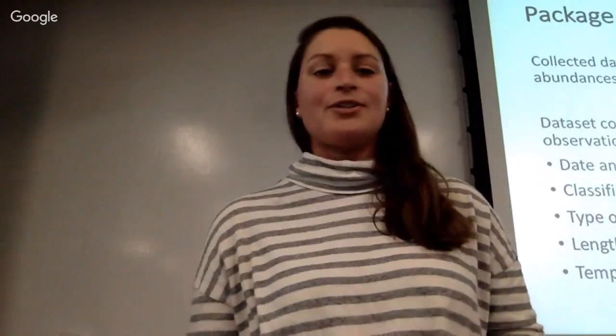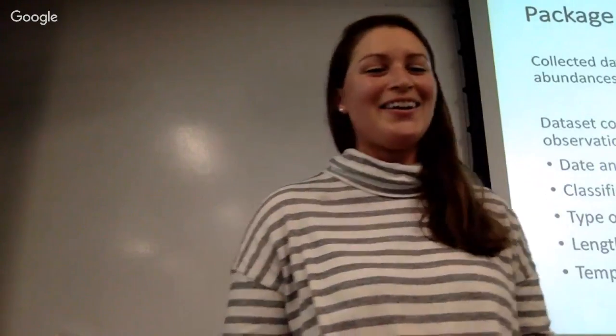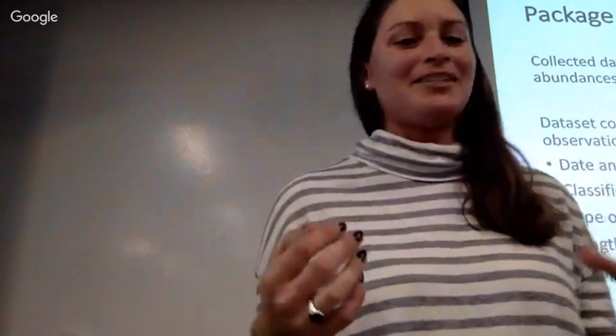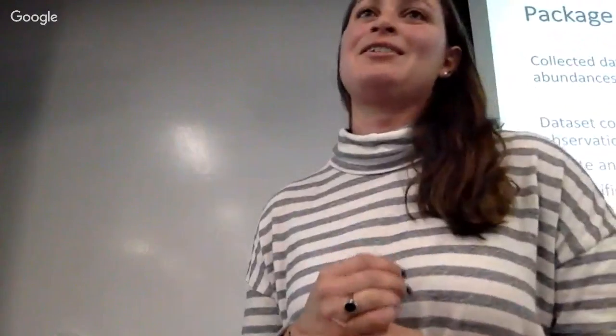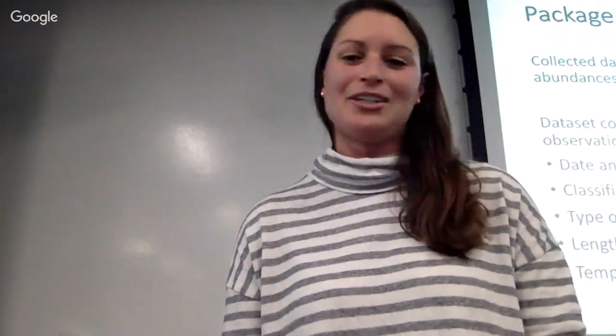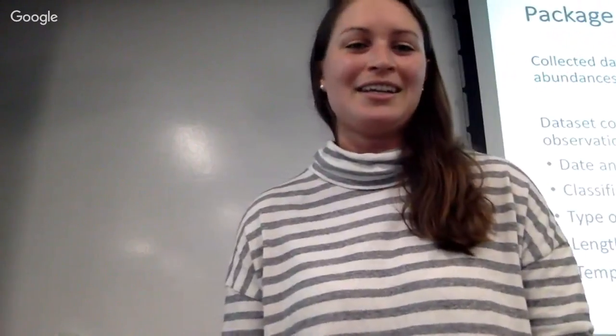Over all of these years, a lot of data was collected on shark abundances, species, and sizes. Ultimately, there's this data set of almost 8,000 shark observations with variables on various details of the shark capture and weather conditions and tide conditions.